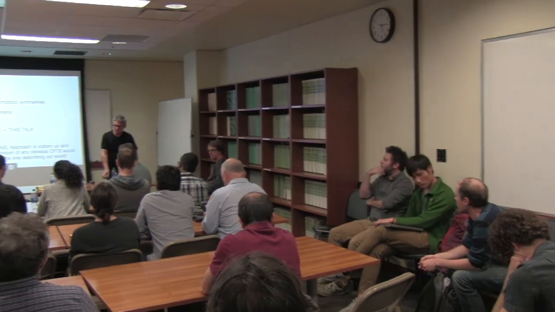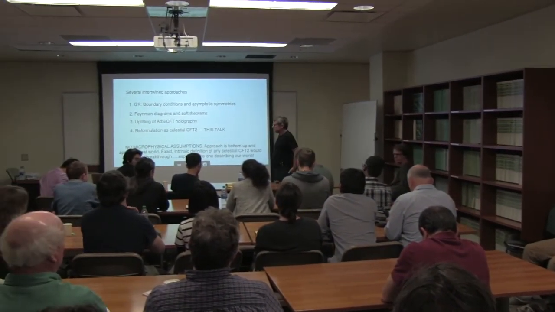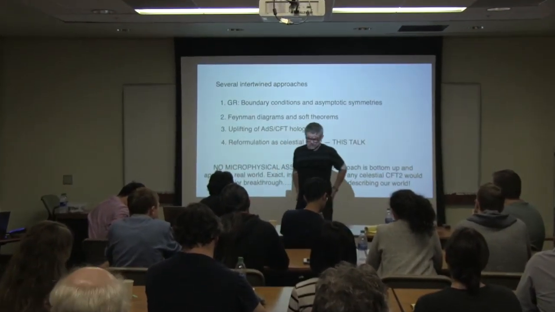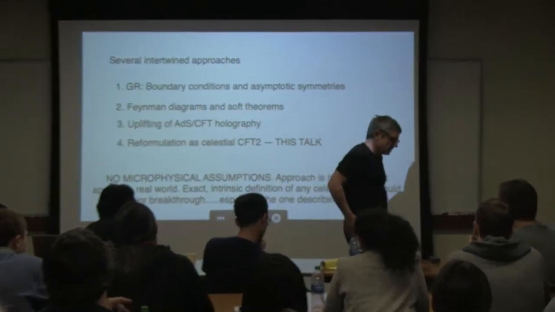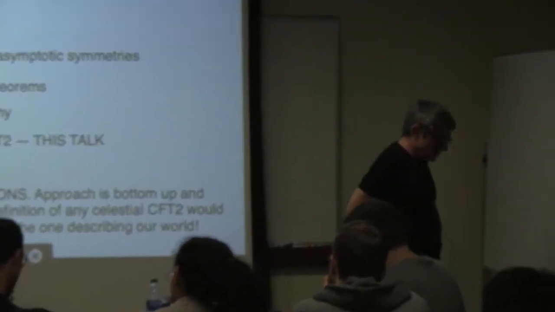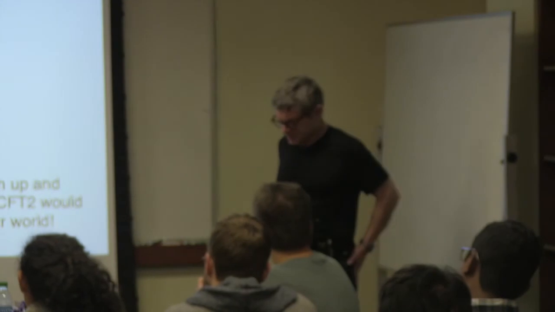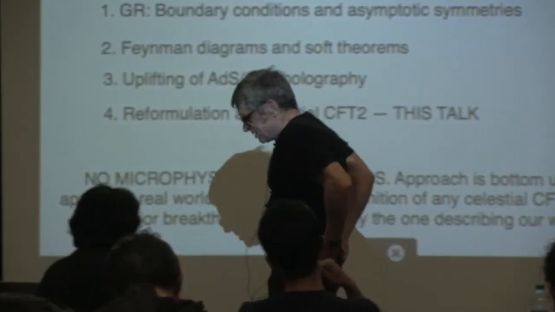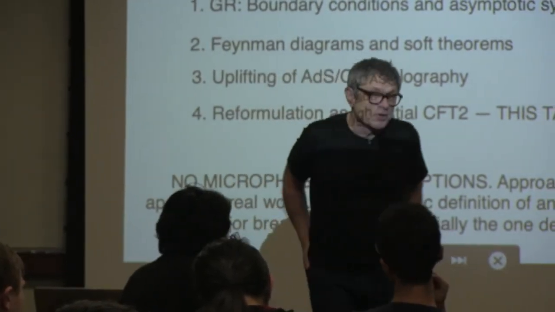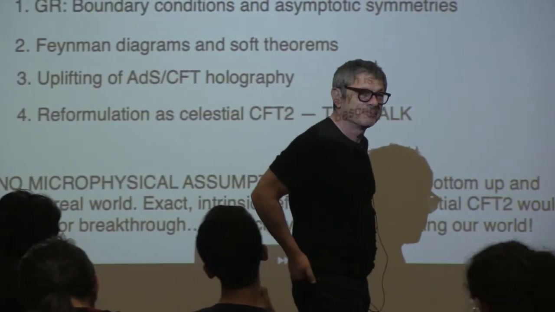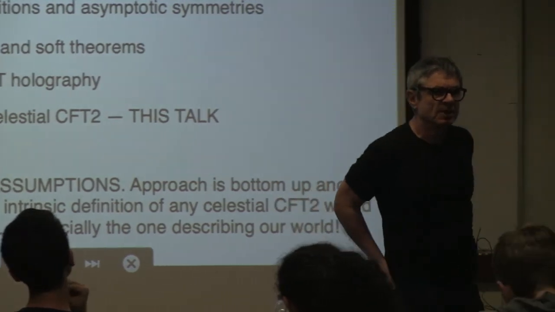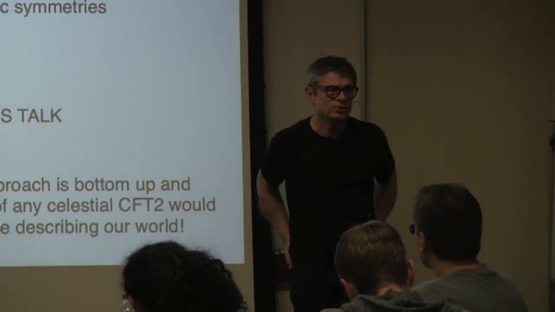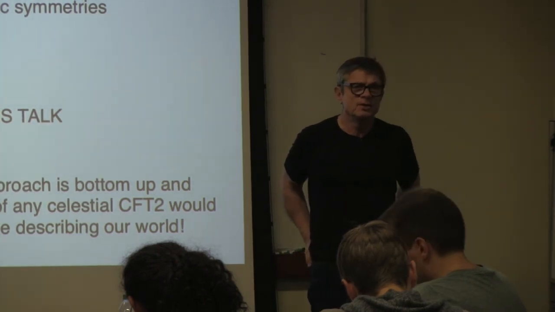Well, yeah, so the asymptotic symmetries will relate different amplitudes, and they'll put constraints on the amplitudes, and we just saw, in fact, how in simple cases they determine the OPEs.